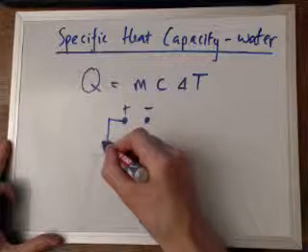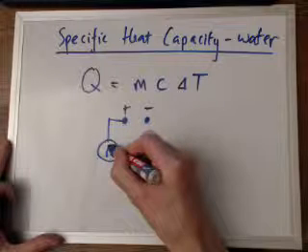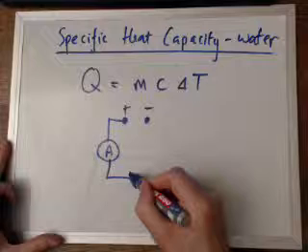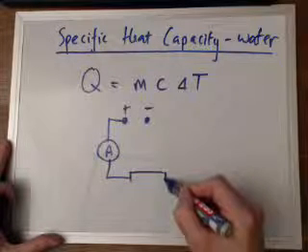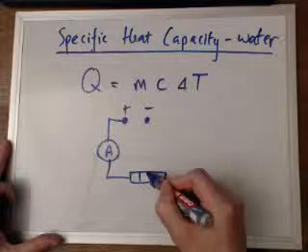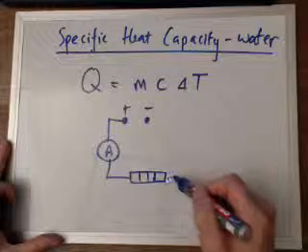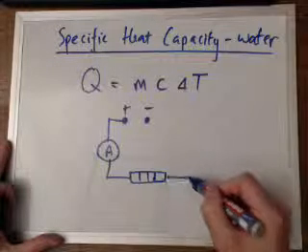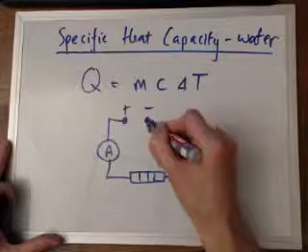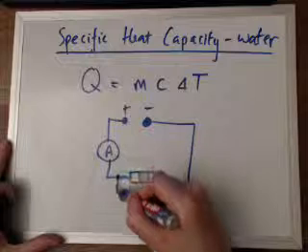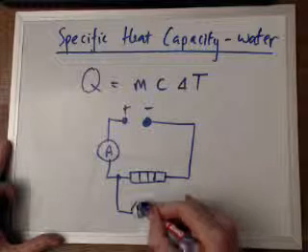We'll have ourselves an ammeter to measure the current. Then we'll have our heater here. So this is, if you like, a heater in circuit, and let's put a voltmeter across the heater.